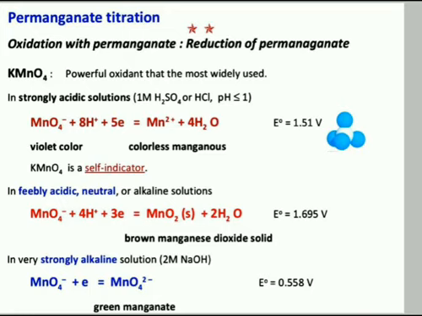This MnO4 minus is violet color. If it gives Mn2+, it is colorless. If it gives in the feebly acidic or neutral conditions or alkaline solutions, it gives brown manganese dioxide solid. And in very strongly alkaline solution, this permanganate gives green manganate.